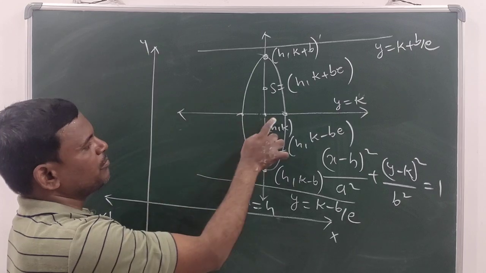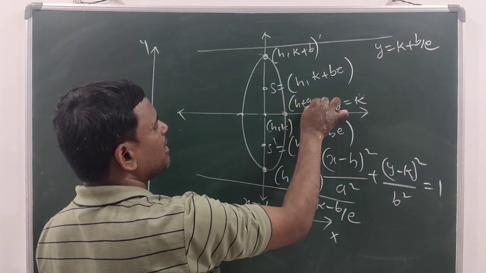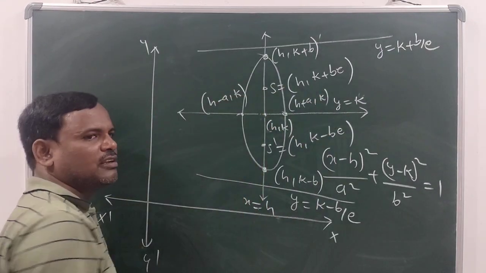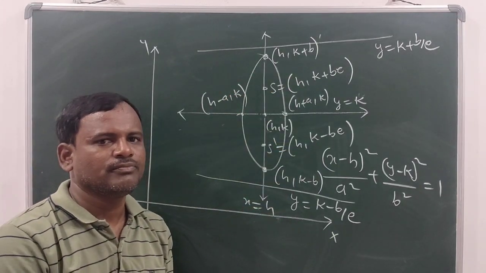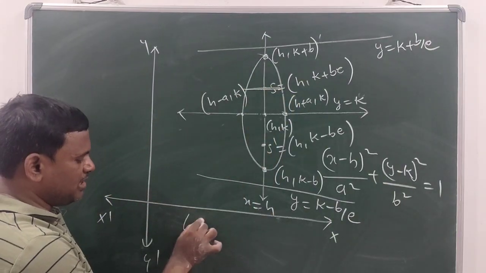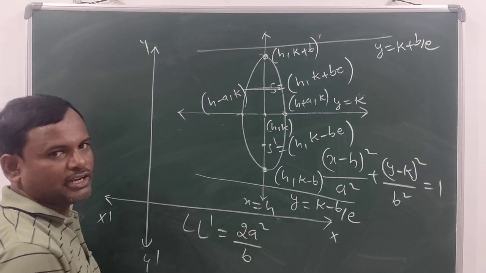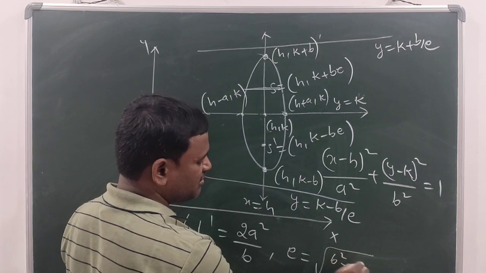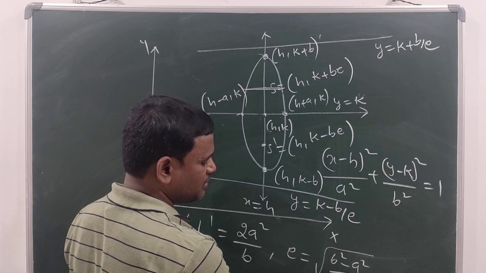From here to here h, and from here to here it is b. So h plus b comma k, and this is h minus b comma k. These are the vertices of the ellipse. The length of the latus rectum LL dash is 2b square by a, and for the eccentricity you get root of 1 minus b square by a square.